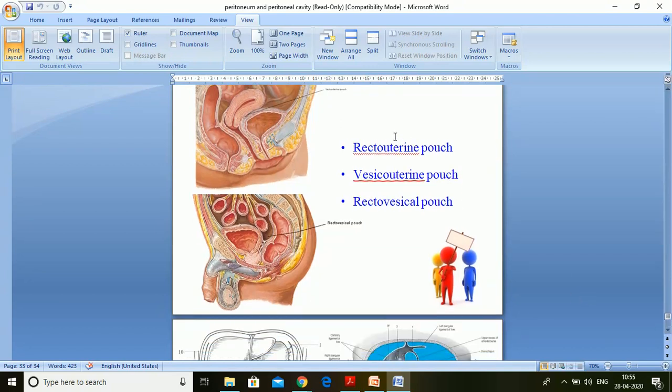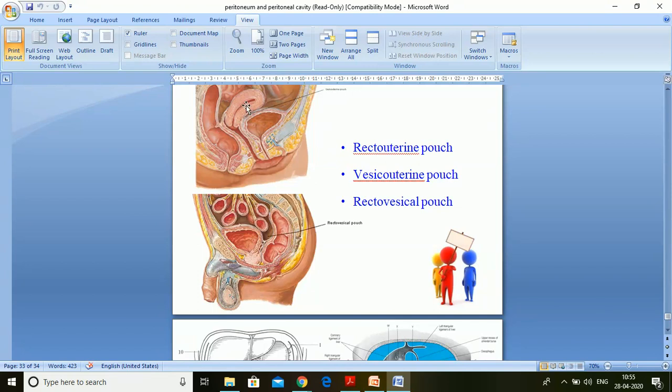Within the peritoneum you get the rectouterine pouch. A pouch is a space covered by the peritoneum, between two organs. For example, rectouterine. See, this is the cross section of a female pelvis. This is the urinary bladder, this is the uterus, and this is the rectum.